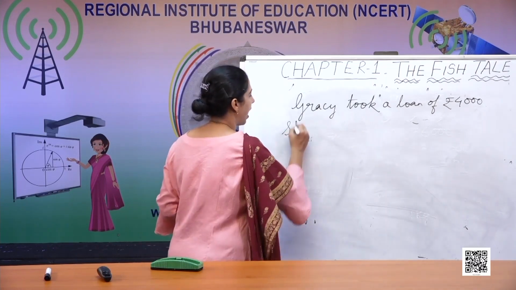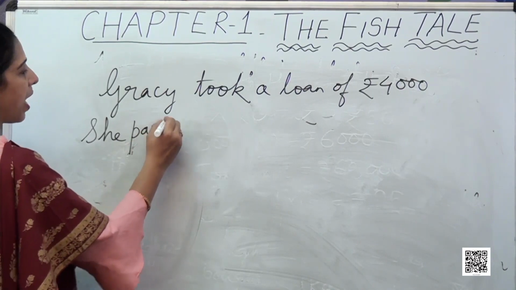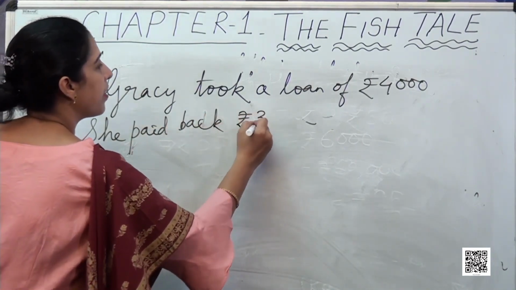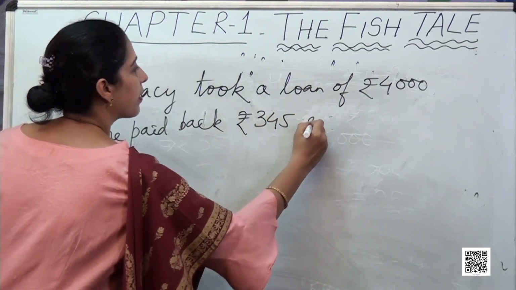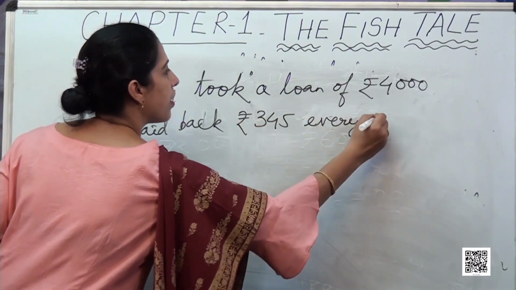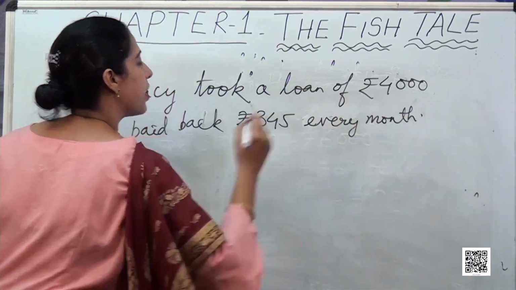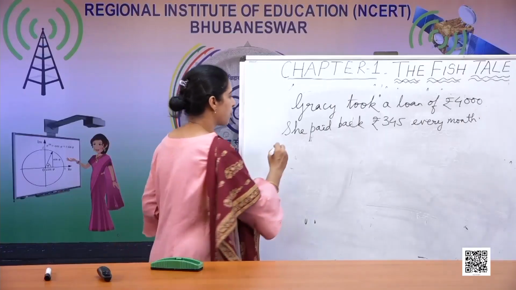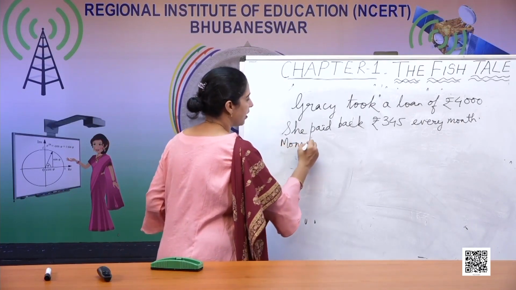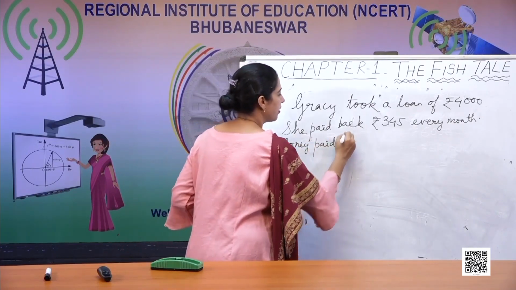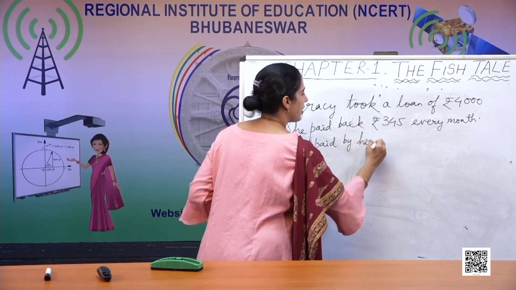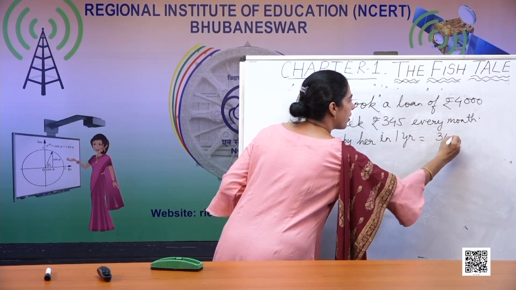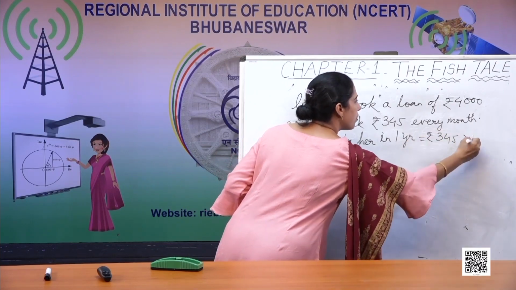So she paid back rupees 345 every month, and for 1 year she paid back. So let's see how much money she paid in 1 year. Money paid by her in 1 year is equal to 345 into 12.